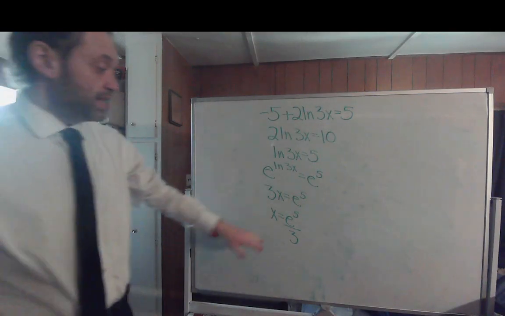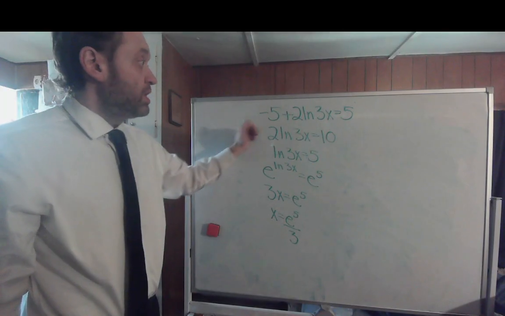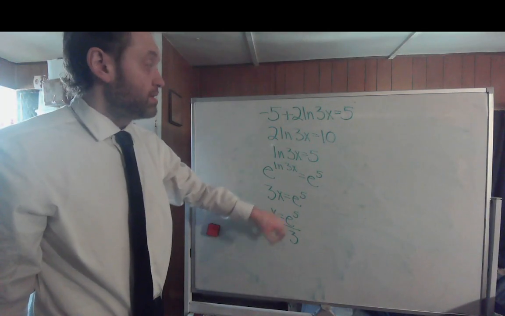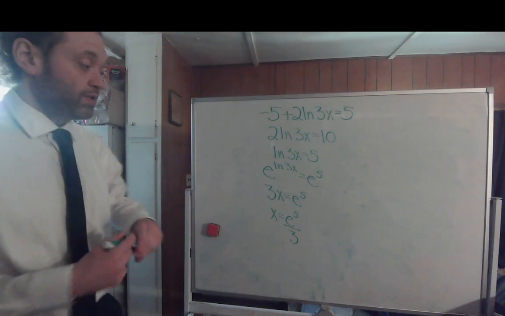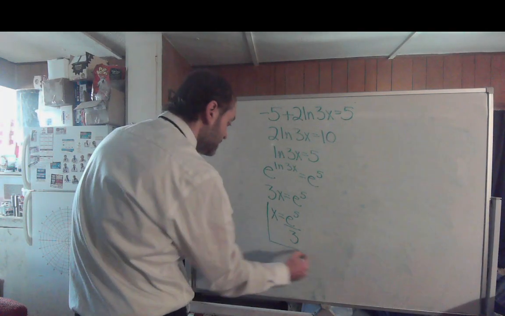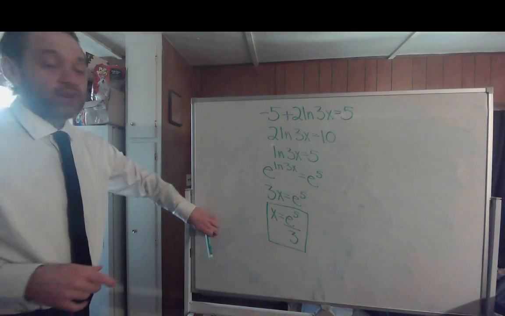And if you put that into your logarithmic function, you would end up getting a positive number for the logarithm, so that would totally work. So the solution is that x equals e to the fifth divided by 3.